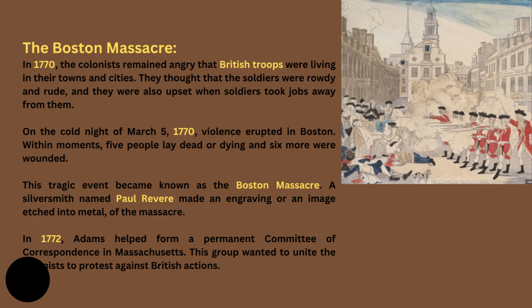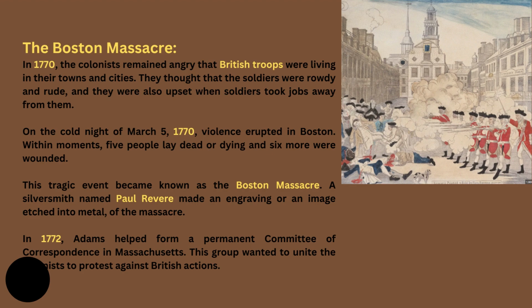Within moments, five people lay dead or dying, and six more were wounded. This tragic event became known as the Boston Massacre. A silversmith named Paul Revere made an engraving, or an image etched into metal, of the massacre.